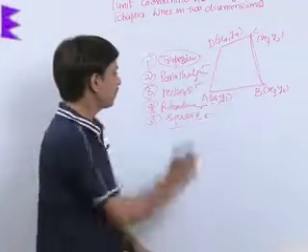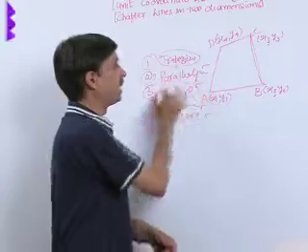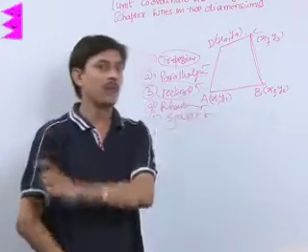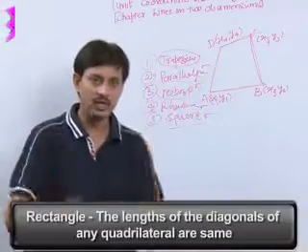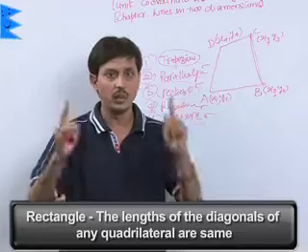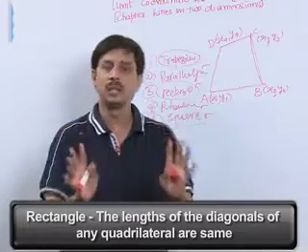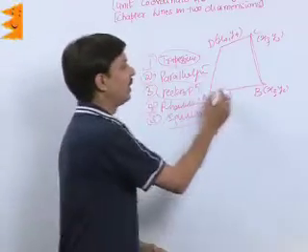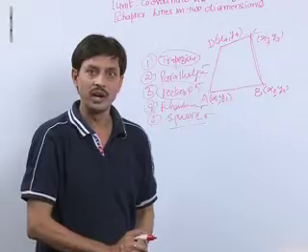Suppose you want to say it is a rectangle. The important property of the rectangle is that if the lengths of the diagonals of a quadrilateral are the same, then it is a rectangle. We have ABCD as a quadrilateral.